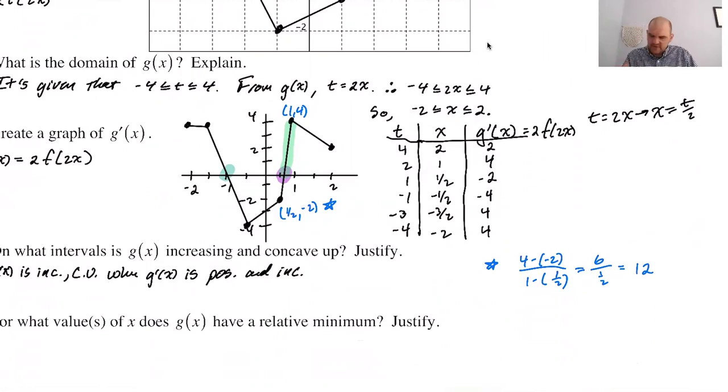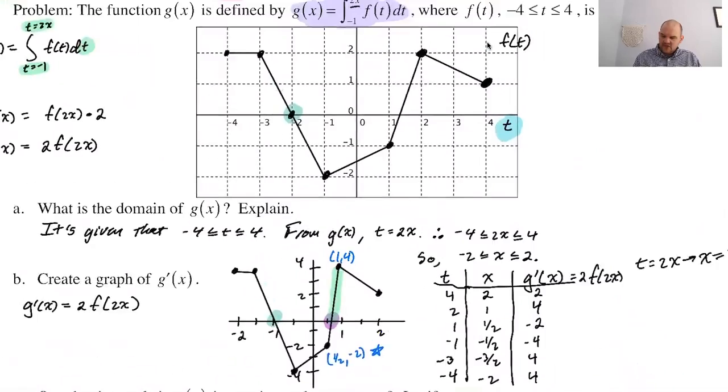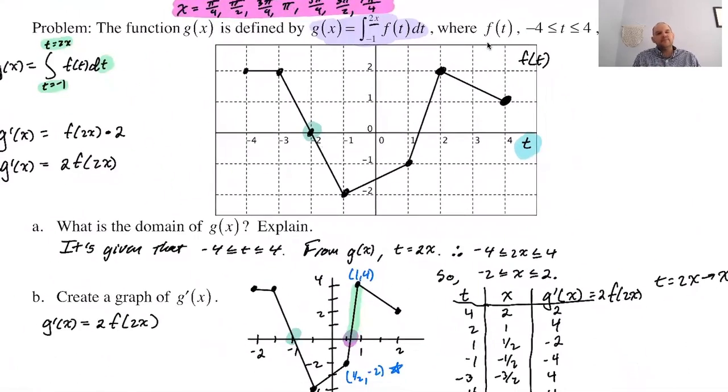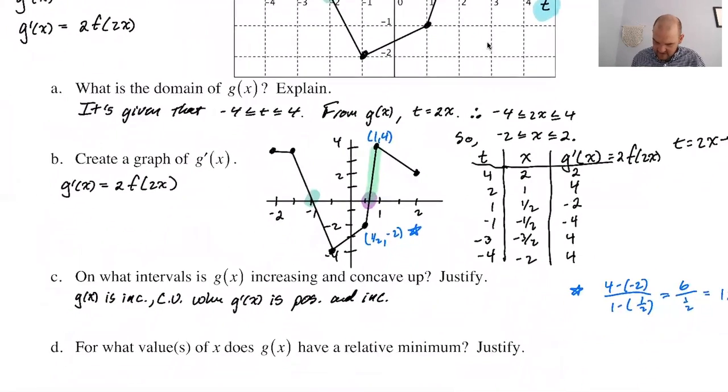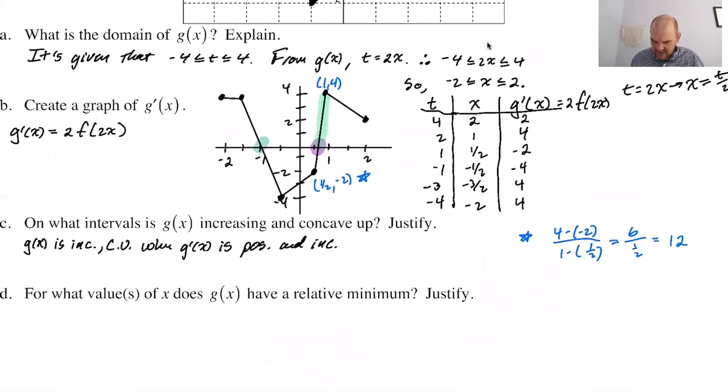Is there a reason I was supposed to get that, and why is my intuition failing me here? Don't really know. It's like I doubled it twice. I want to think about that. Maybe I'll come back to that in another video. But I'm pretty confident that slope is supposed to be 12.